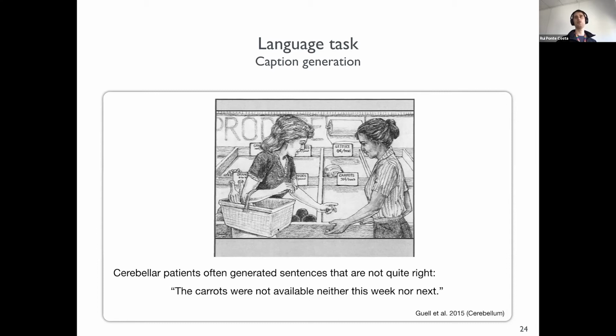And so here, just to give you an example, for this scene, one person said the carrots were not available, neither this week nor next. So you see that's capturing some elements of what's going on, but it's also not quite right. So semantically, there's something weird with this sentence, and it's not providing a good description of what's going on.